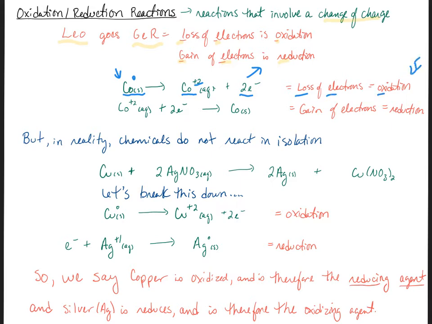That's a Leo. Okay? On the other hand, if you have cobalt that starts off with a +2 charge and it gains 2 electrons, so these two things are added together in order to get a final product that would have a 0 charge, that's a gain of electrons. So you're adding it on the reactant side, it gains it, it combines with this to give you what your product is.